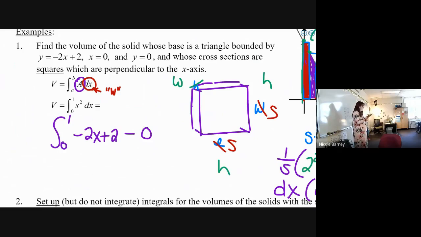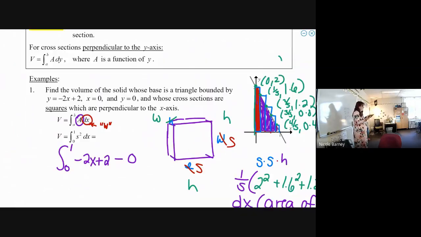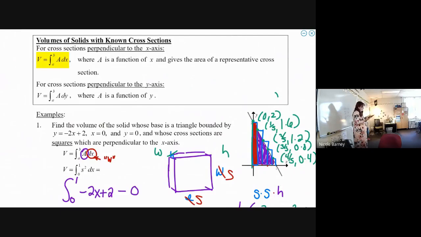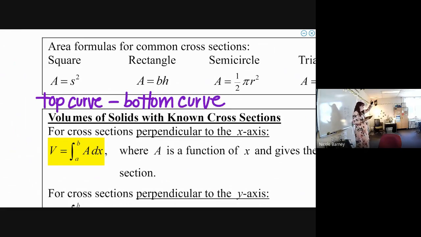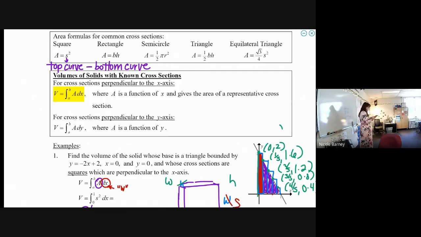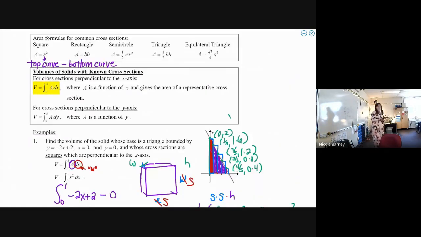If you're trying to find the side or the base or any of these things, up here you could write top curve minus bottom curve, and that's going to be that length. So the side is going to be the top curve minus the bottom curve, right? Because that's how long it is.